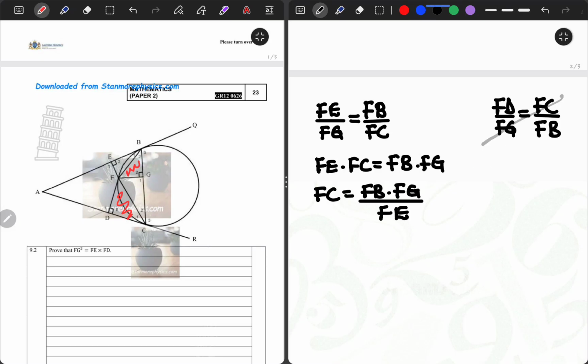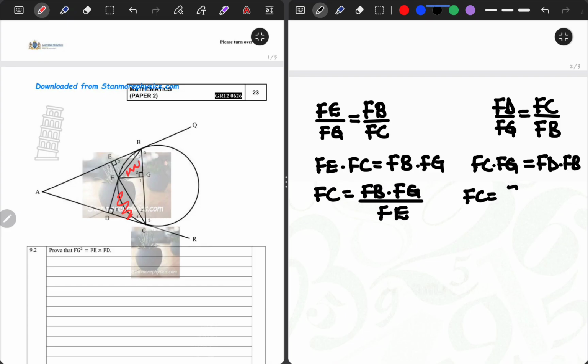I'll say FC over FG equals to FD over FB. Let me also make FC subject of the formula.